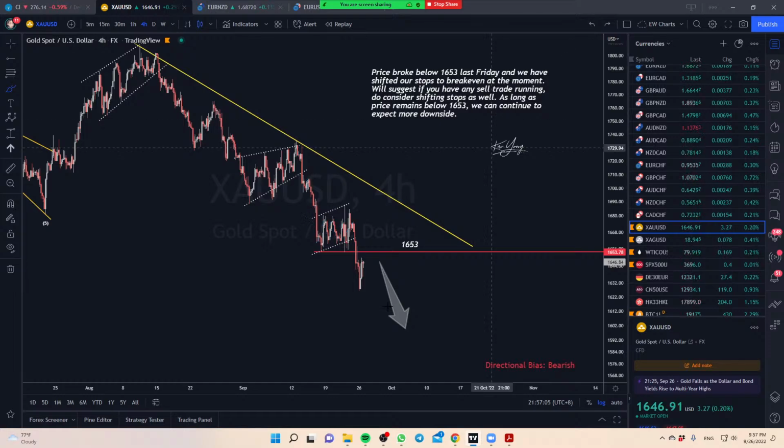So right now, because we have shifted stops to break even, I've personally shifted stops to break even. But looking at how the development is forming right now, it seems to be a little bit of a V shape. Okay, so probably not something that I would encourage you to be looking for a sell now, right?